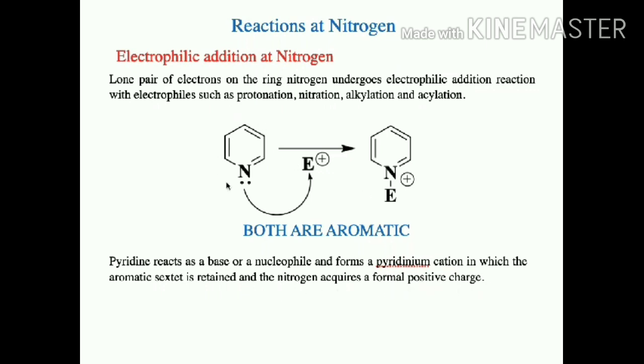Both are aromatic in nature, but the pyridinium cation carries a formal positive charge. So this is electrophilic addition at nitrogen. We have to see how protonation, nitration, alkylation, and acylation take place at nitrogen.